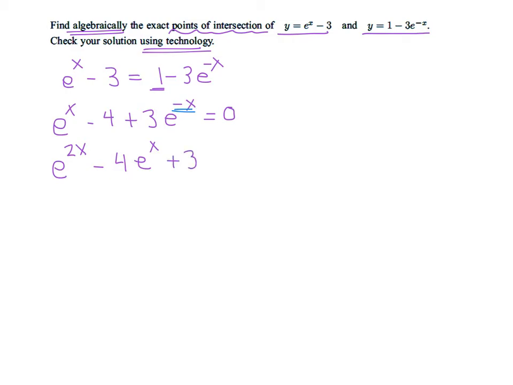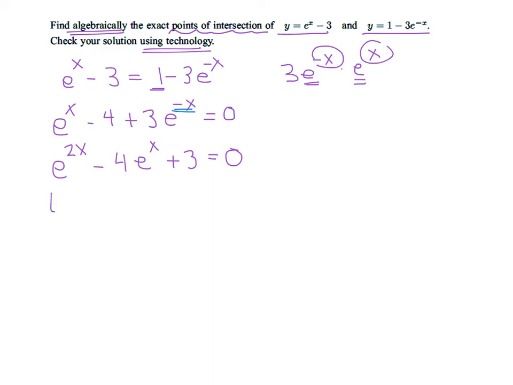What happens when you multiply 3 e to the negative x by e to the x? Same base, you add the exponents, so it's e to the 0 power, which any number to the 0 power is equal to 1. So you're just left with 3. It's equal to 0. So this is something similar to what we've seen before.